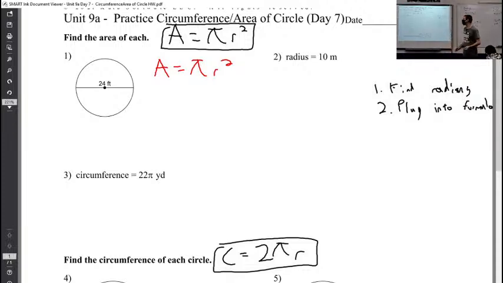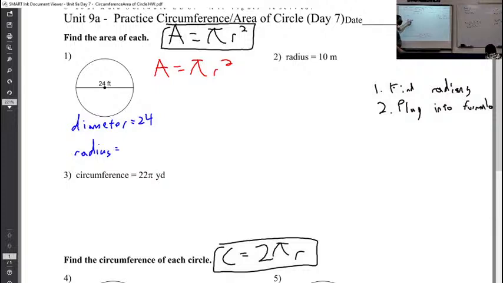Well, the radius here is not 24, because that is not a radius. What is the 24? Diameter. It's a diameter all the way across. That's why we did some vocab yesterday. So diameter is 24, which means that the radius is going to be half of that.